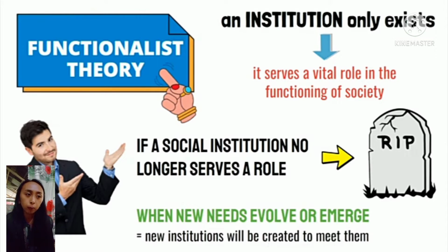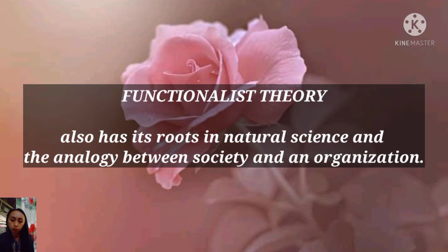Thus, if a social institution no longer serves a role, it will die and fade away. And when new needs evolve or emerge, new institutions will be created to meet them. Functionalist theory also has its roots in natural science and the analogy between society and an organism.